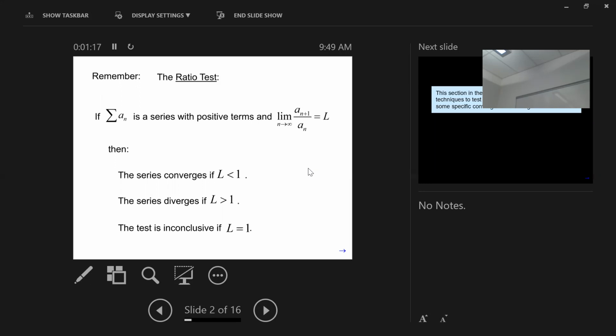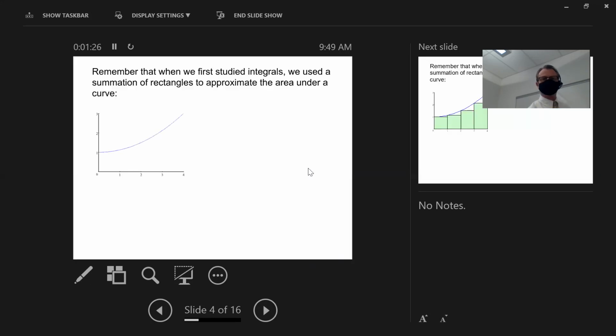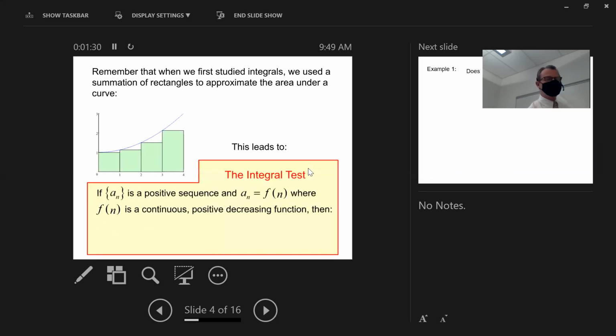And if it equals 1, the test is inconclusive. The integral test, okay? There are additional tests, except what? The most important test is the ratio test.